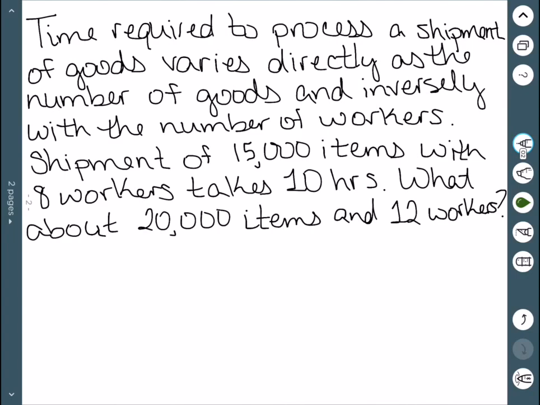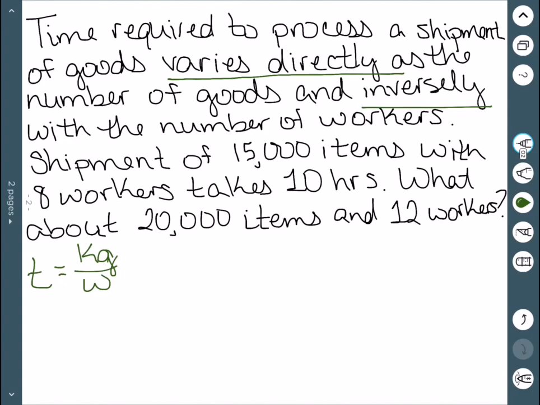So this is an example of a combined variation problem. We know that the time required varies directly as the number of goods. We'll use T for time and G for goods. However, it also varies inversely with the number of workers. And I'll use W for workers.